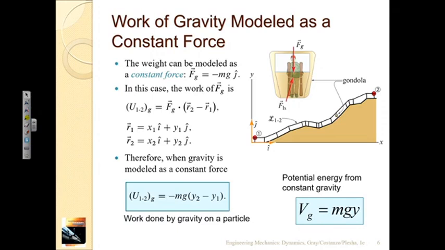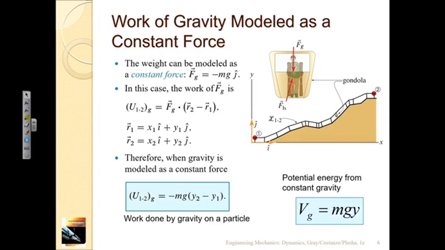This is going to be my V1 term, and this is going to be my V2. So this is really like minus V2 from gravity plus V1 from gravity. I can substitute that in. And then you see what we're going to get. T1 plus V1 is T2 plus V2.